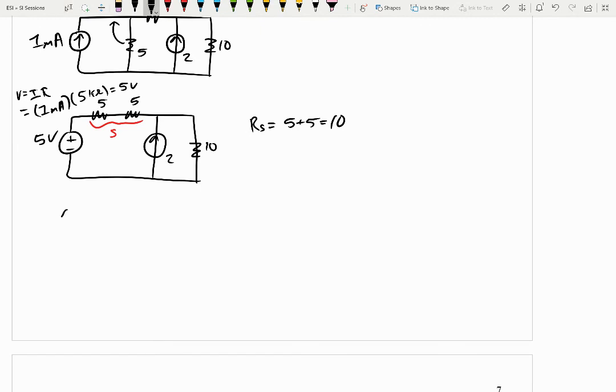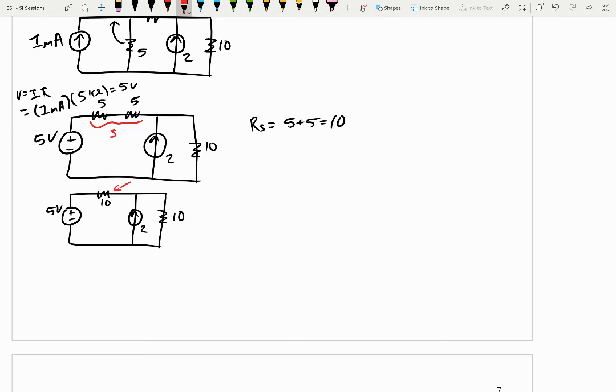Okay. 10, 2, 10, this is 5 volts. Okay. We're still not quite there yet, because now that one.